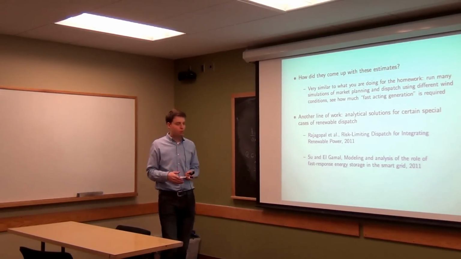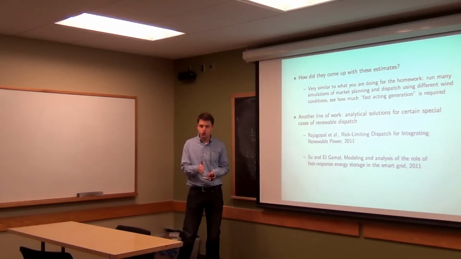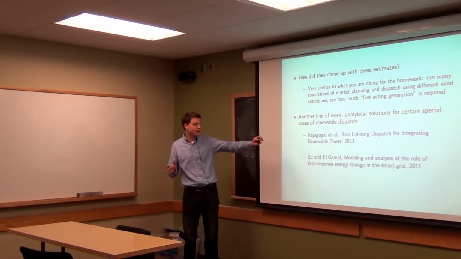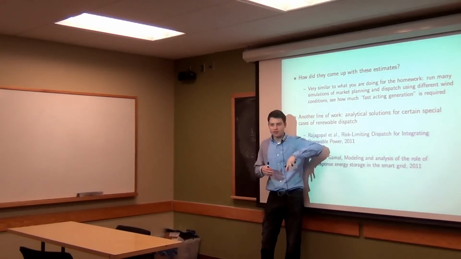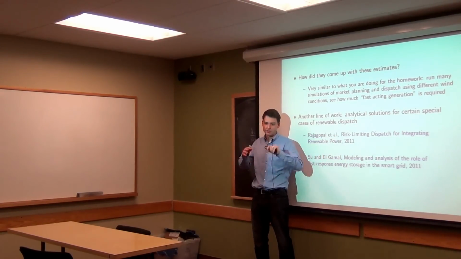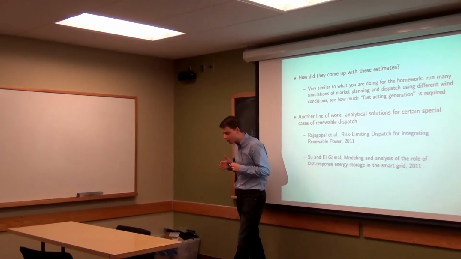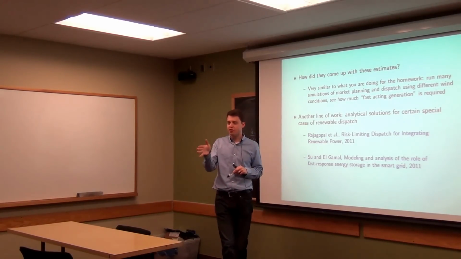And they come up with analytical solutions to, say, optimal control of renewables or things like that. Dispatch I'm using as just a way of integrating renewables and dispatching power to account for renewables. These come up with optimal strategies for handling these specialized cases.